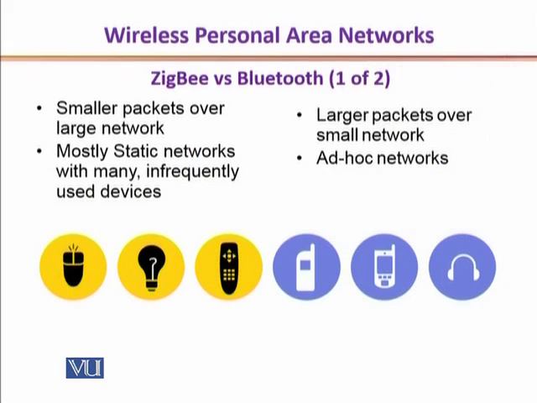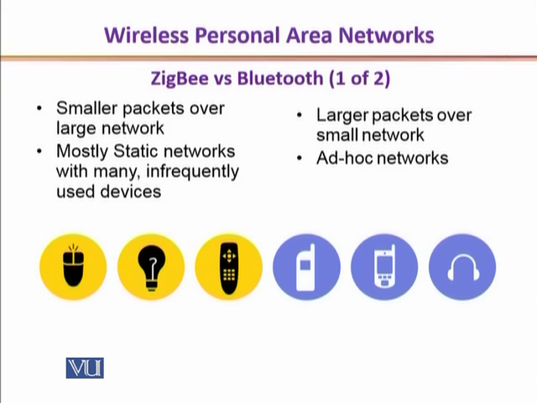An interesting comparison can be drawn directly between 802.15.4, which is a WPAN protocol, and in the market, it is commercially offered with the name of Zigbee device. So if we compare Zigbee versus Bluetooth, we can say that Bluetooth technology is meant for ad hoc networks in which we need large packets over smaller networks.